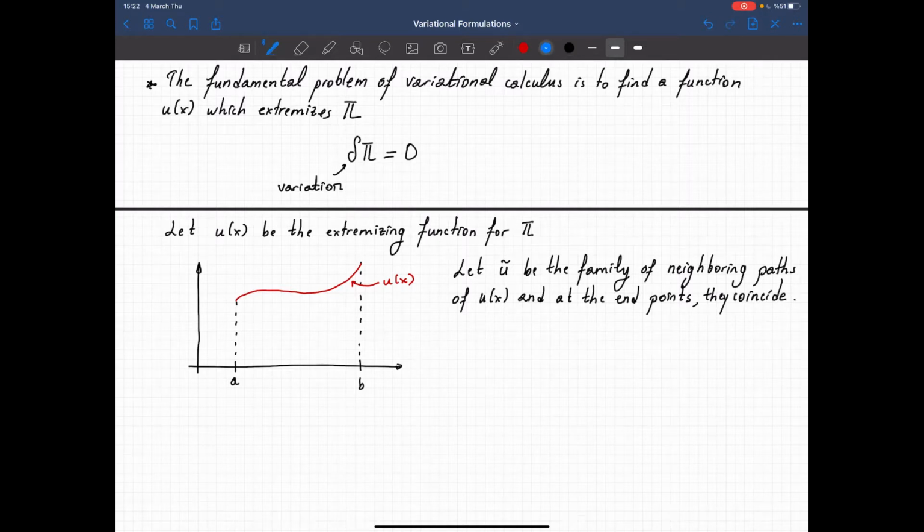So I can have many functions near u of x. One of them could be this one, u hat of x. The other one could be that one. Both match the definition that we give here. The only important property is that they have to be differentiable. We will talk about that. Also at the endpoints, they have to coincide with the extremizing function u of x.